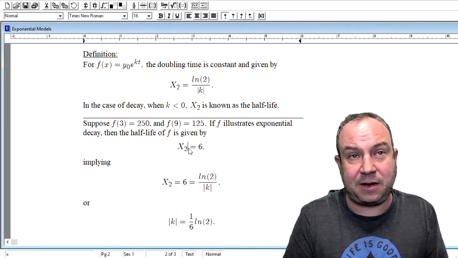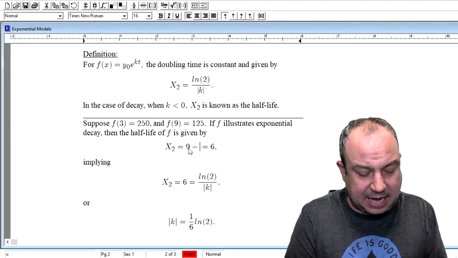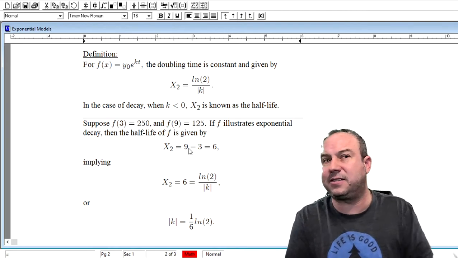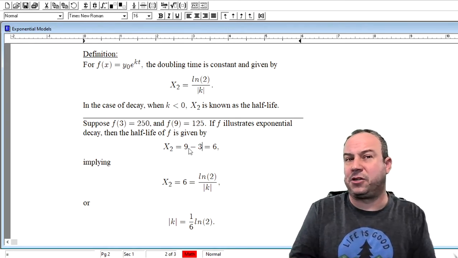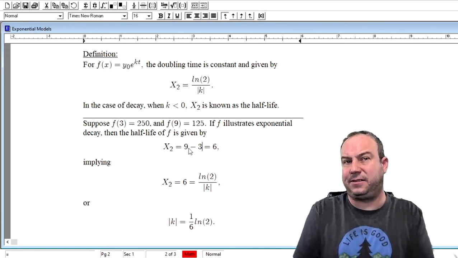We might add that in there. What we see happen here is this is 9 minus 3 in value is equal to 6. The half-life measurement is 6 in this case.